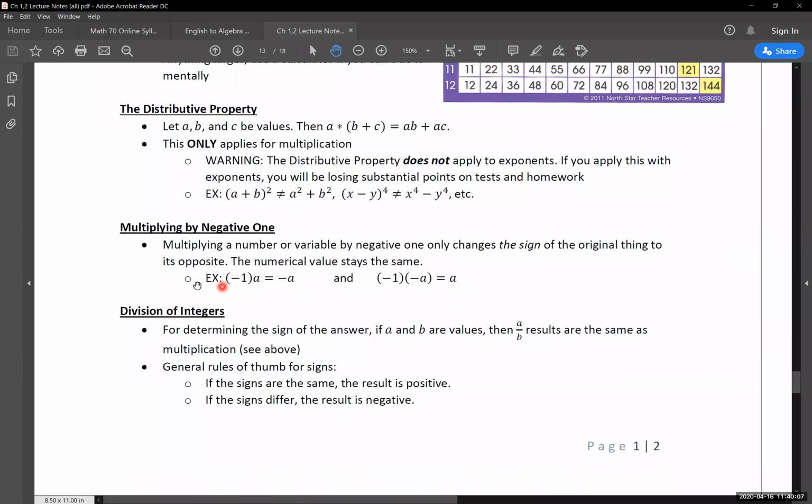Again, a fair amount of this seems like, okay, well, yeah, that seems pretty straightforward, and if that's what you're thinking, yes, it is a pretty straightforward idea overall. This comes in handy when we are working with equations and we're solving things down and we get -x equals some other number. How could I get that negative taken care of in front of the x?